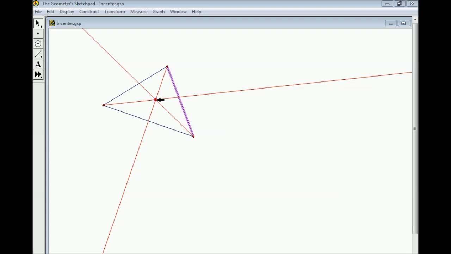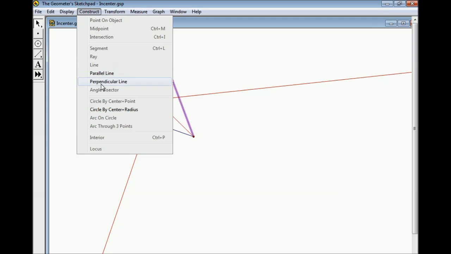Once we've found the incenter by constructing the angle bisectors, this is the incenter, and the incenter is also the center of a circle. We can construct that circle by selecting that incenter, which is the intersection of those angle bisectors, and constructing a perpendicular line to a side.